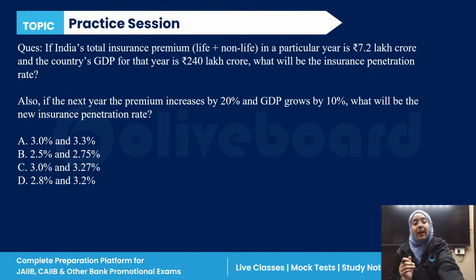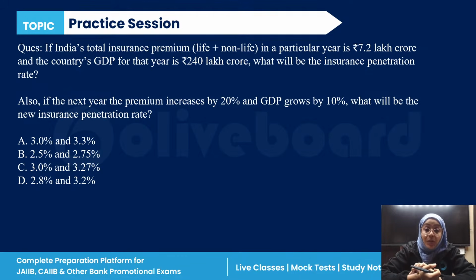Everyone, just start answering this question. What is the correct answer? If the total insurance premium is 7.2 lakh crore and the GDP is 240 lakh crore, what will be the insurance penetration rate?